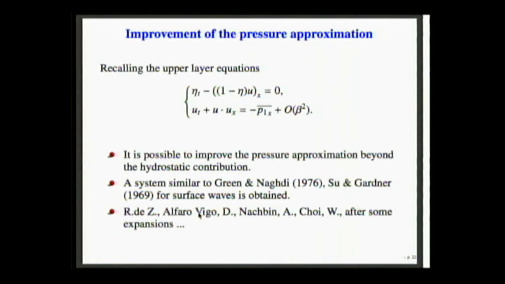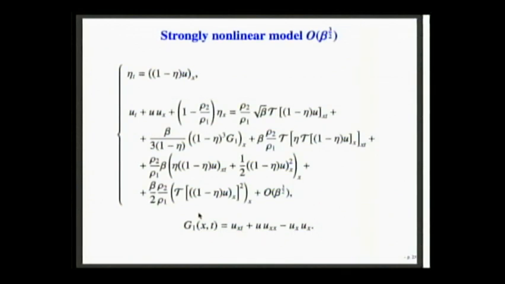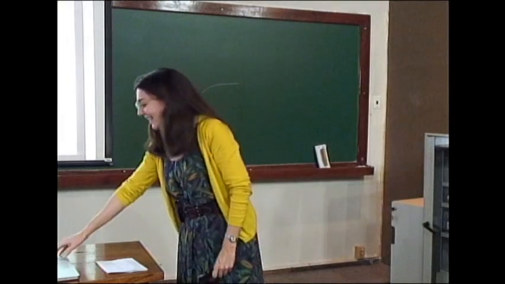So we did so, and after some computations, we have a strongly nonlinear model of higher order, which is very hard to treat, with so many nonlinear terms involving the non-local operator. I found it very challenging, both theoretically and numerically.